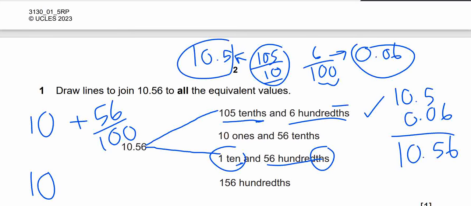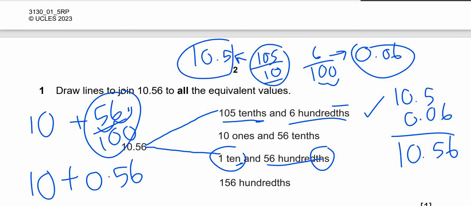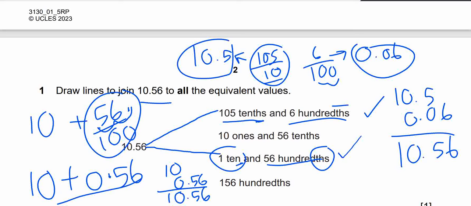So 10 plus 0.56. 56 divided by 100: we move the decimal point 2 steps to the left and stop here. So we got 0.56, and we add this one. So 10 plus 0.56, we get 10.56. So that's the answer.